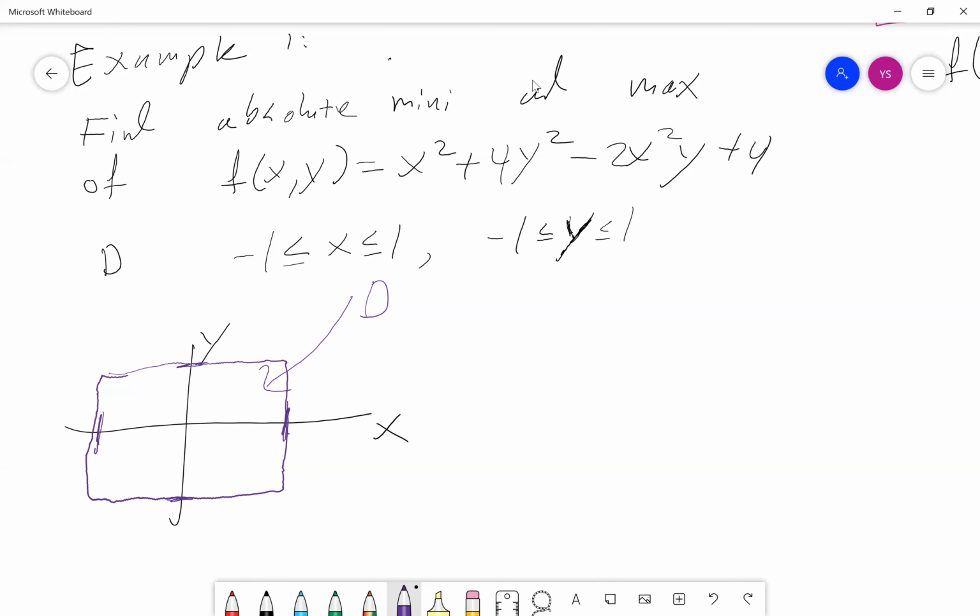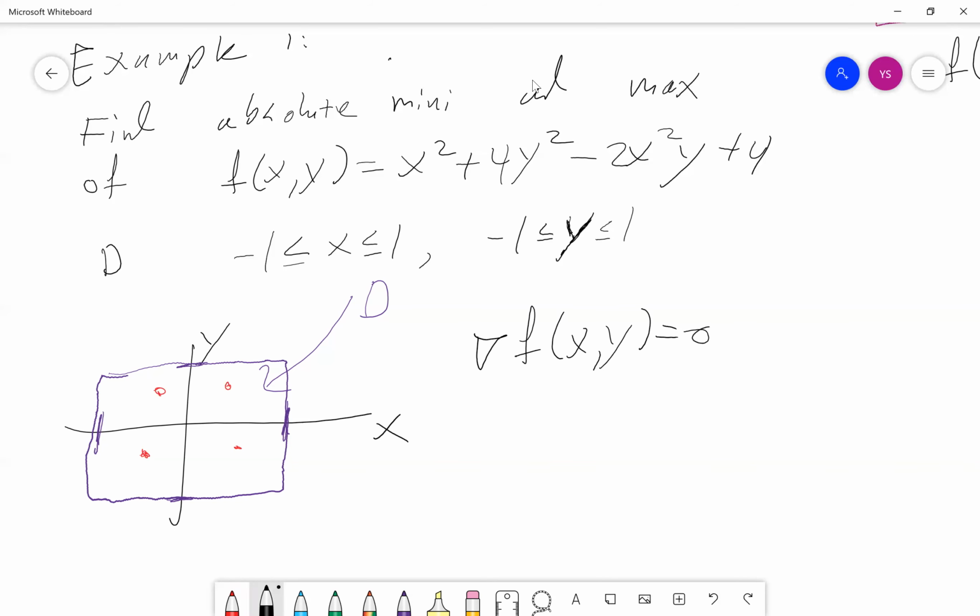Okay, so now step one, the first step is to find the critical points in the interior. So all of these critical points. Can anyone tell me what I do in order to find these critical points? Yep, set the gradient to 0. So gradient of f(x, y) is equal to 0.